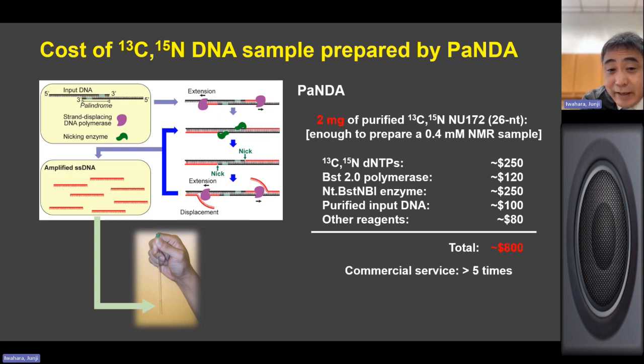But the majority of the cost is not labeled dNTPs, but enzymes. Basically, enzyme costs more compared to the double labeled dNTPs. But still, this is basically 5 times cheaper than the commercial service of fully labeled DNA. So this also makes economic sense as well.